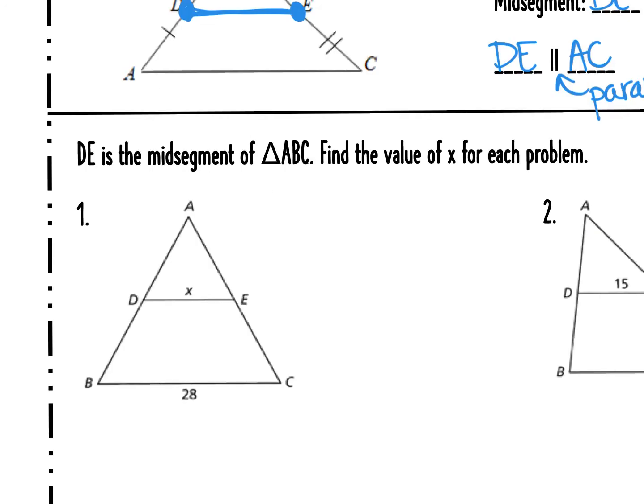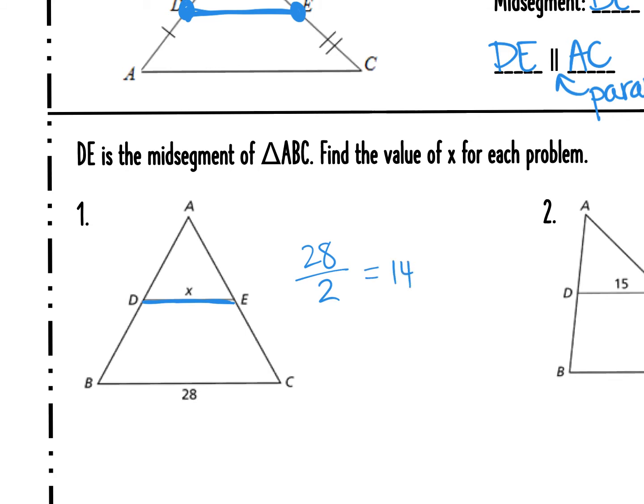So let's go ahead and try a few problems with that information. It says DE is the midsegment of triangle ABC. Find the value of X for each problem. So for number one, our midsegment is where the X is at, right there in the middle. And down at the bottom, the other side is 28. So what we were saying earlier is that your midsegment is half of the bottom line. So we want to take 28 and divide it by 2 so that we can get half.